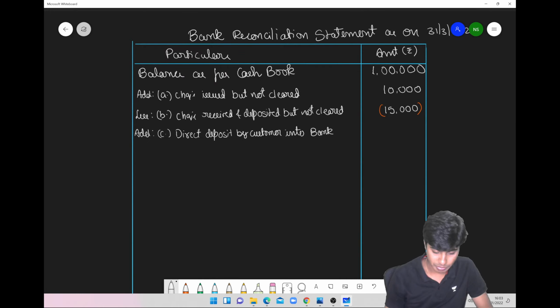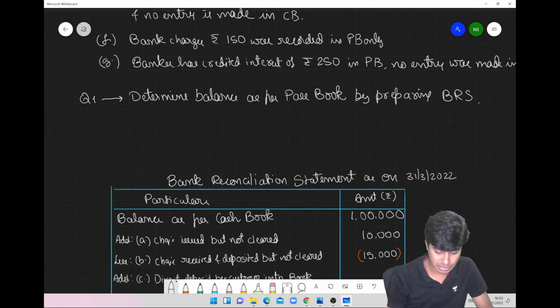Direct deposit by customer into bank. How much is that? C is 3,000.